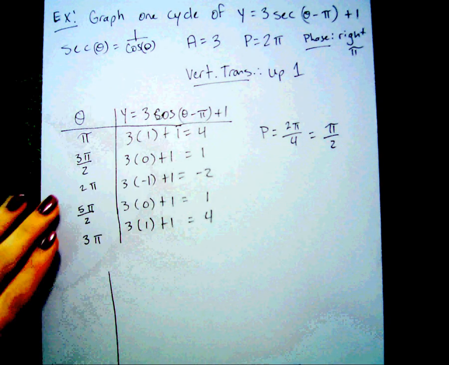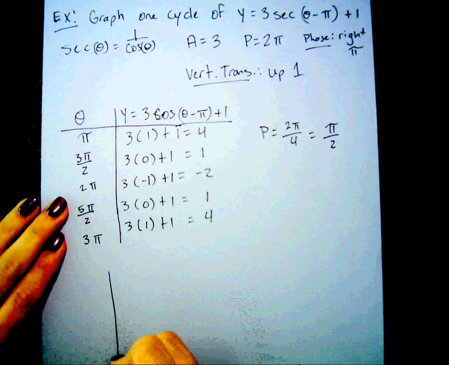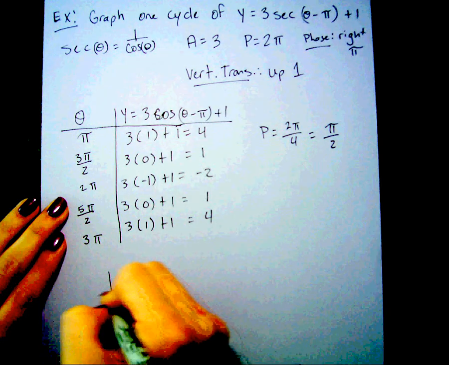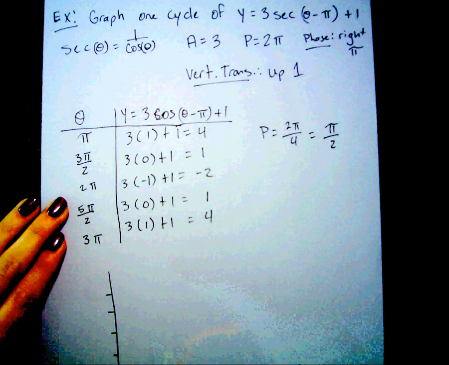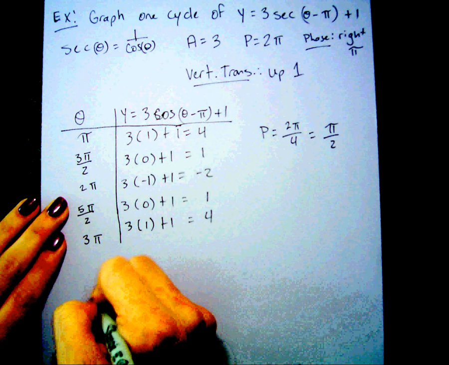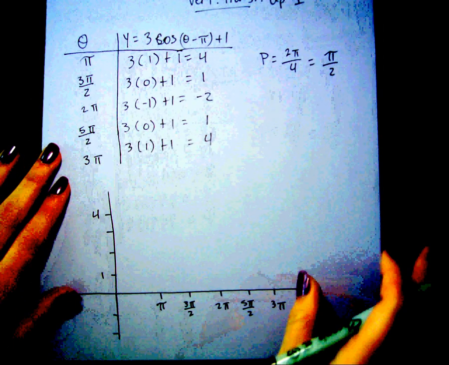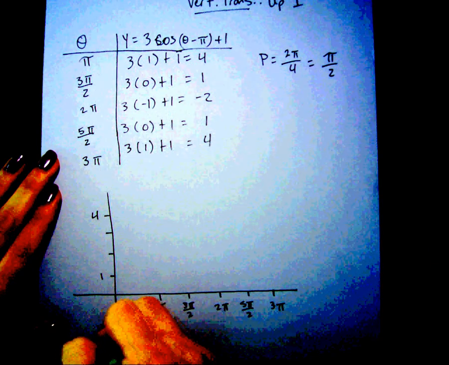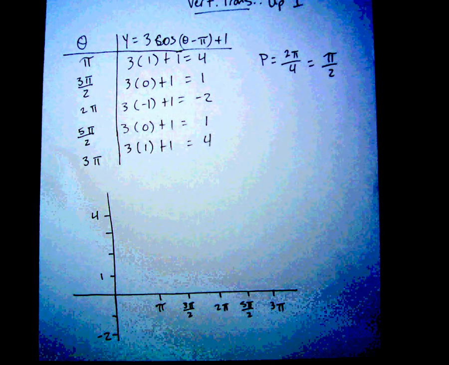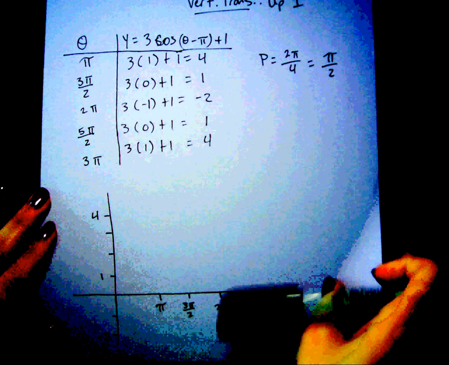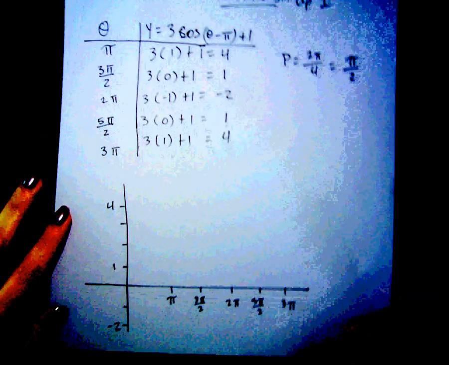And the highest I'm going is positive 4. And the lowest I'll go is negative 2. Oh, sorry. Y'all can't see that. Thank you. All right, so the highest is 4, and the lowest is negative 2.